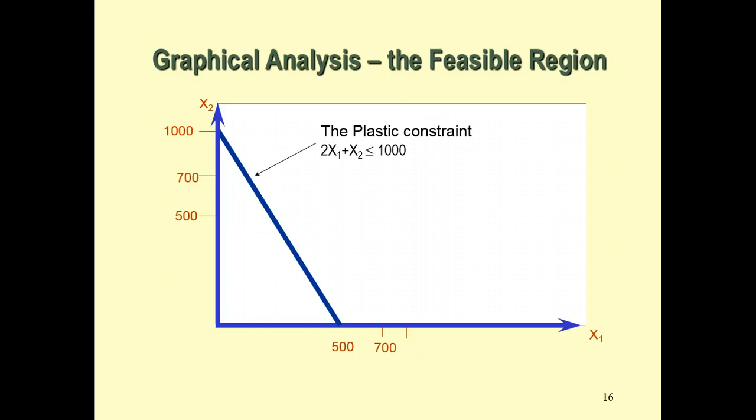So the first point you see is 500 and 0, right? That's what this point is. We made 500 dozen space rays and no zappers. If we make no space rays, what's the most amount of zappers we can make? 1,000. So that's my second point. So then I draw a line between those two that defines that line.